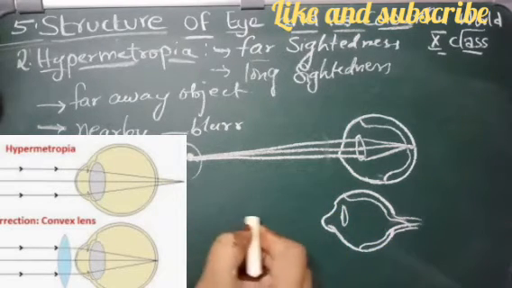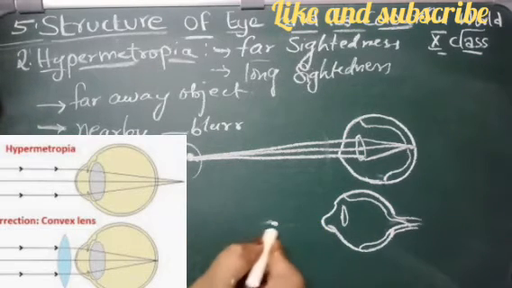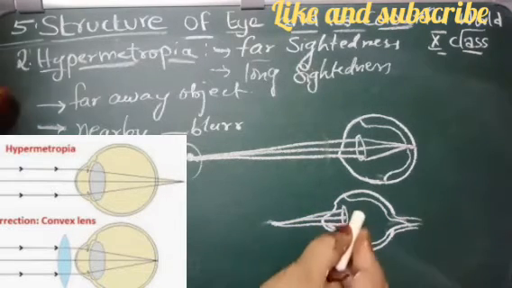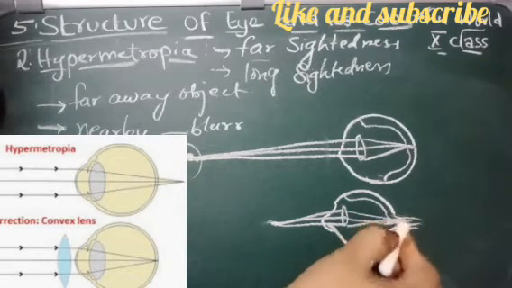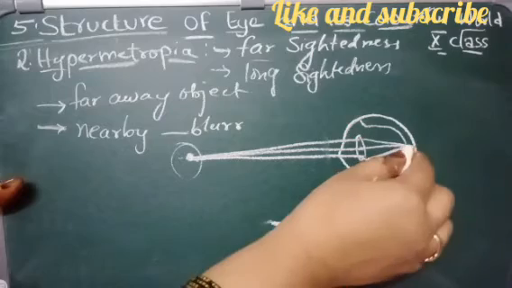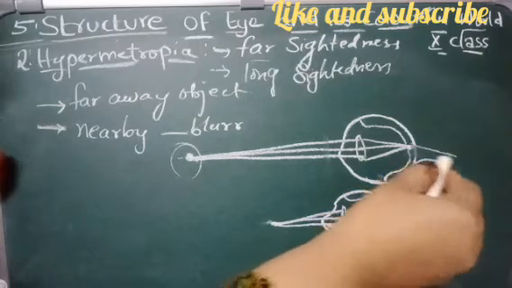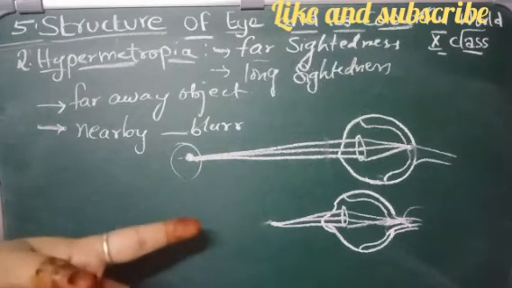Now suppose here is the object, a little nearer to the eye. You can see that when the rays pass, they form the image beyond the retina, not on the retina but away from it. So the image formation is taking place beyond the retina. Hence the nearby objects will appear blurred.